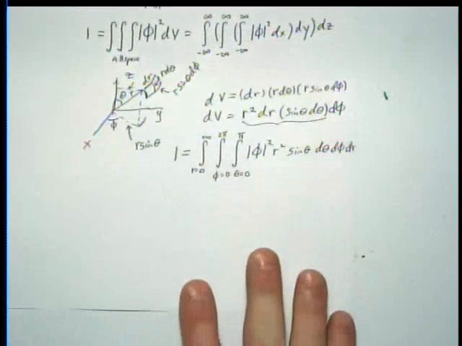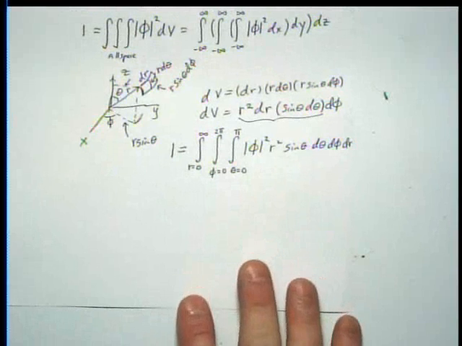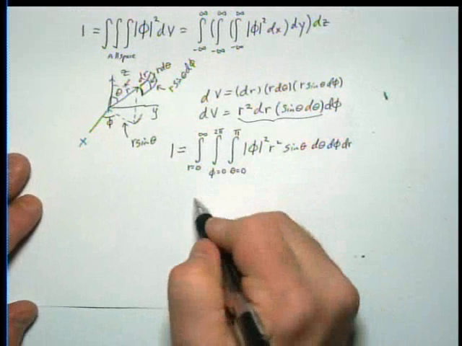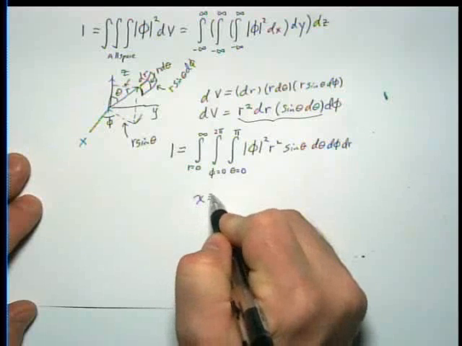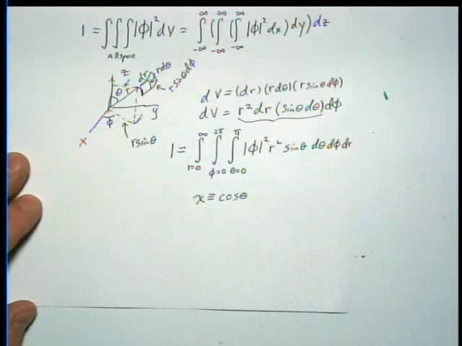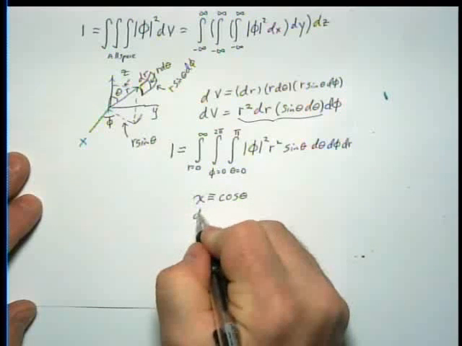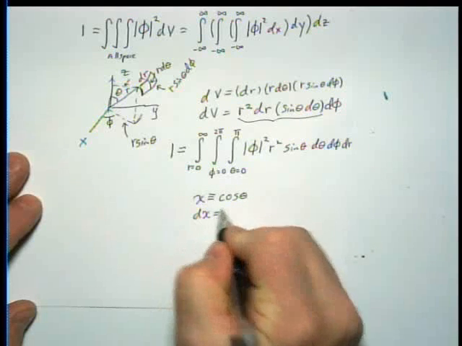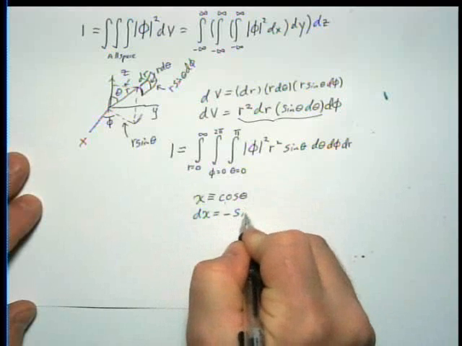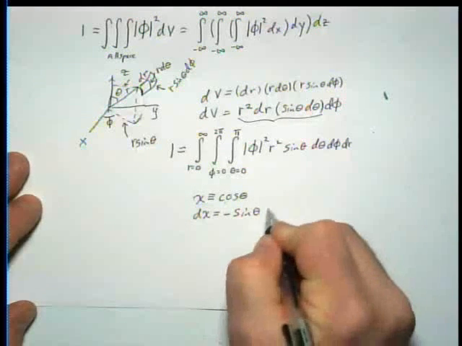So, one of the things you noticed I did in the notes was I said, hey, look, define a new variable x. It's the cosine of theta. Take its derivative. The derivative of the cosine is minus sine theta d theta.